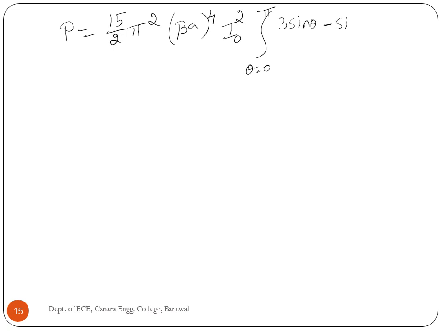So, radiated power P is equal to 15 by 2 pi square beta a to the power 4 I naught square, integration theta equal to 0 to pi, sin cube theta, which is equal to 3 sin theta minus sin 3 theta divided by 4 into d theta.